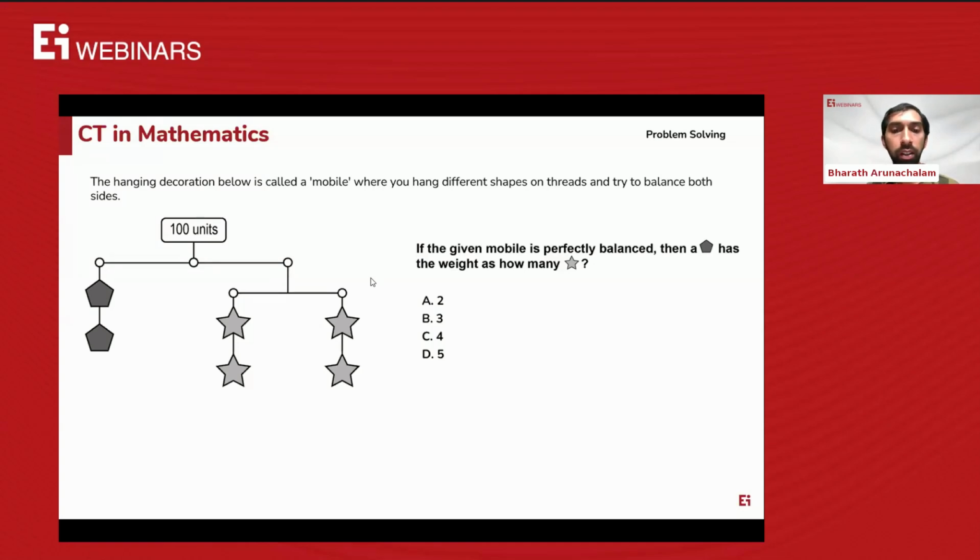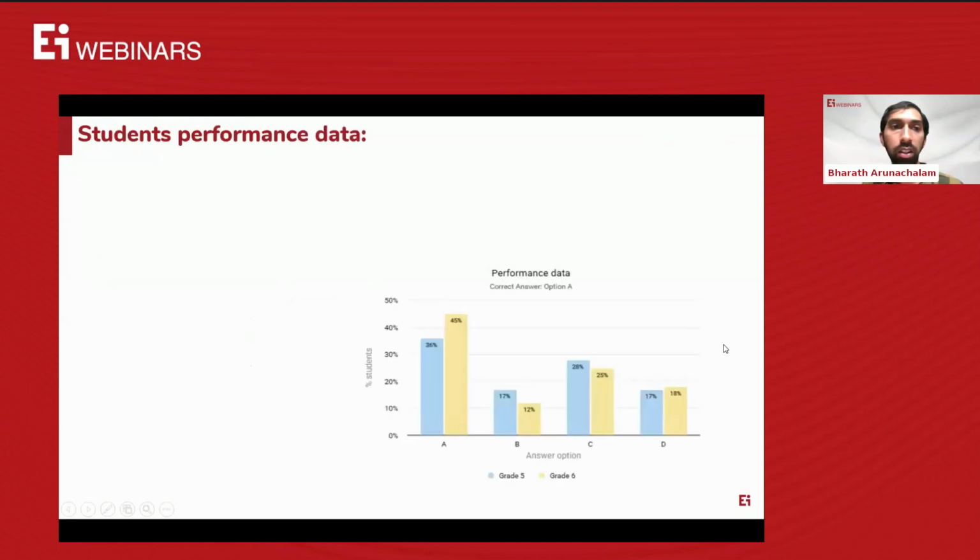More than 50%, about 59%, have chosen option A, and a lot of you have also chosen option C. Since there are 4 stars, that could possibly be the reason. But let's look at the answer.